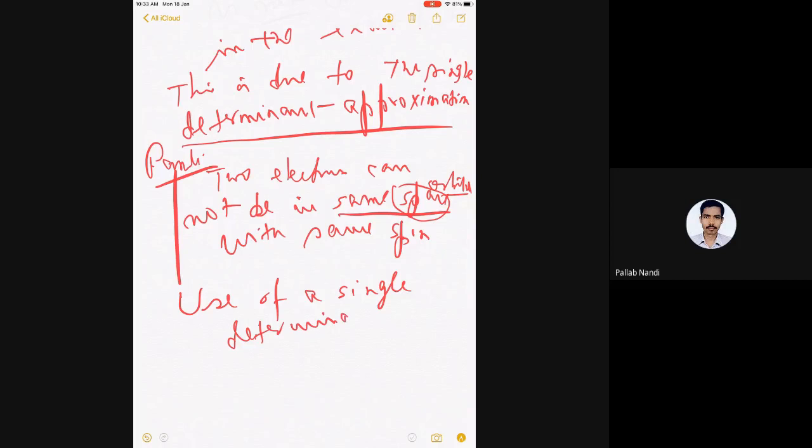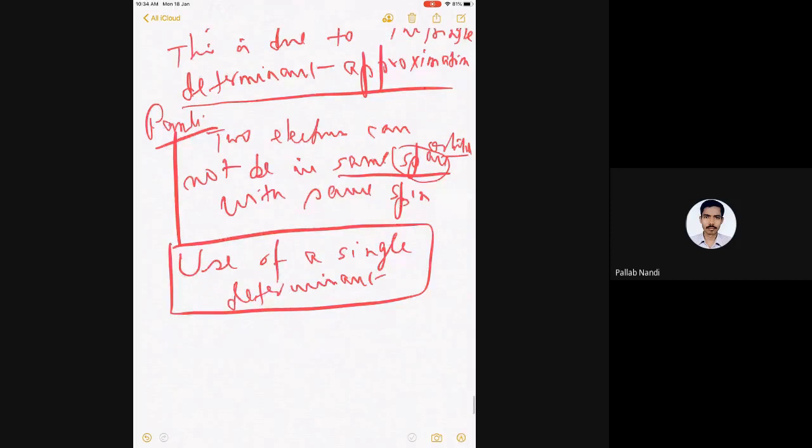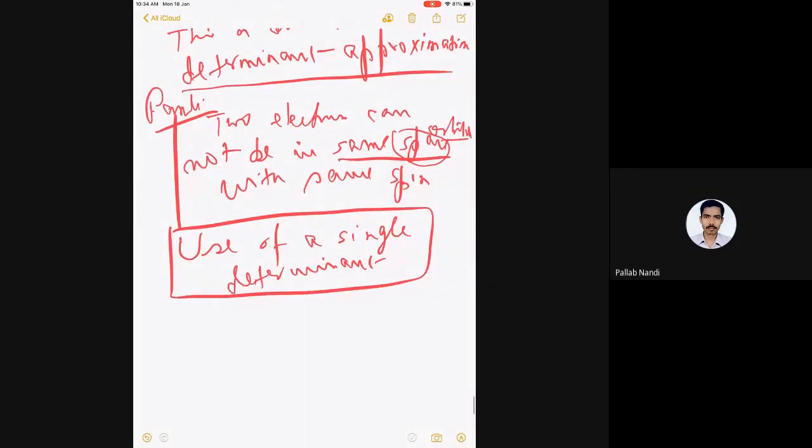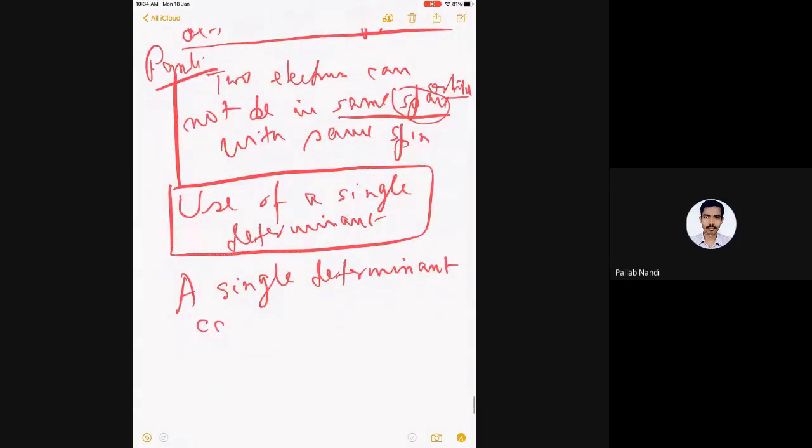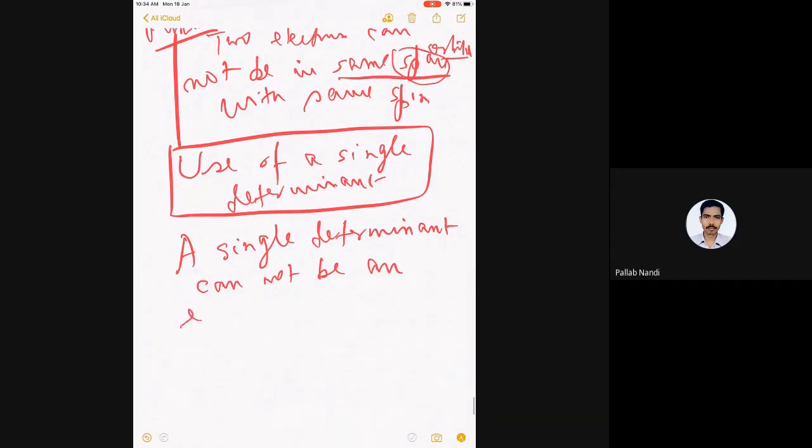Because we know that a single determinant will be exact only for the non-interacting case. So while the Pauli principle, or antisymmetry, is always valid, a single determinant, and this I will explain even more in the following classes, and this is the problem of quantum chemistry that I have referred to, cannot be an exact solution for the interacting Hamiltonian.